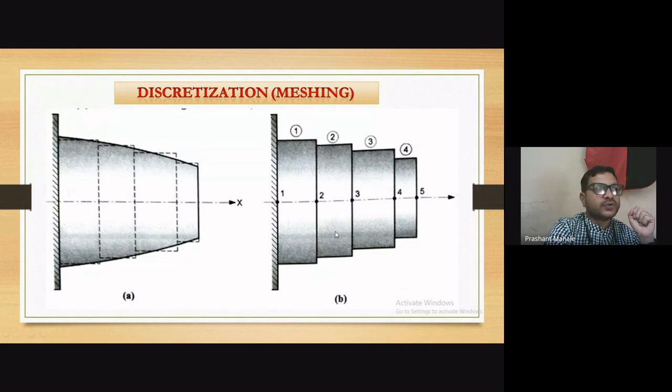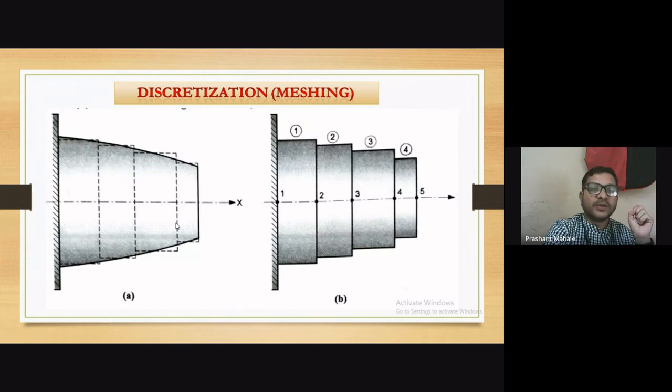There are 4 parts shown here, and as I go on increasing the number of parts, this analogous physical body is going to be nearer to the actual physical body. Each step we call an element. So if you increase the number of elements, it is going to be very near to the actual body, and the disadvantage is it will take time for analysis.